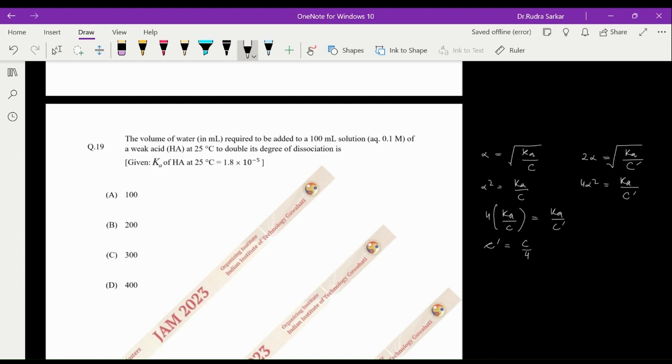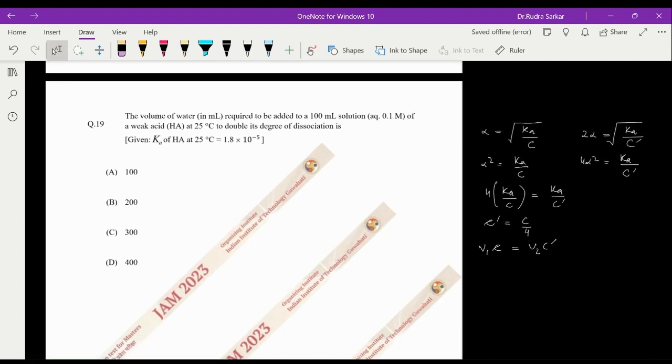Okay, now let us assume that V1 is the initial volume and C is the initial concentration, V2 is the final volume, and C prime is the final concentration. So in place of C prime we can write C by 4, that is equal to V1 C. C and C get cancelled.